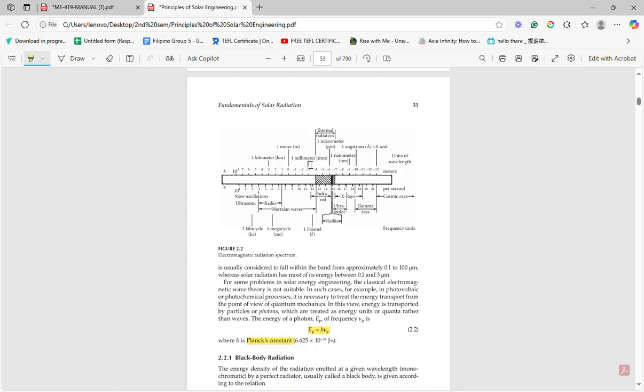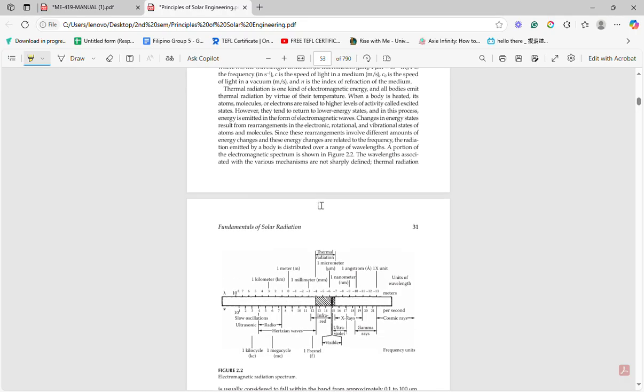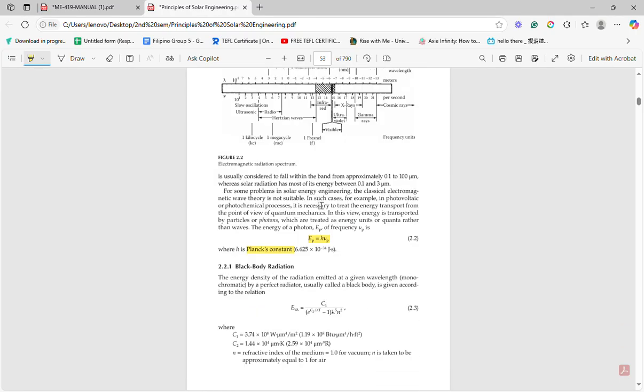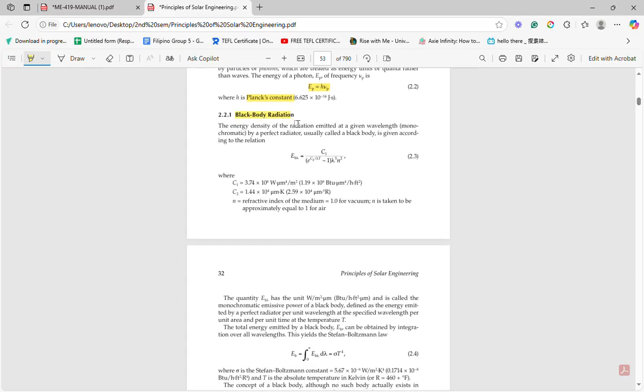I opened it to him that the ideology regarding this is already on the heat transfer part of your subject, but he wants you guys to still know this, because again we are talking about solar energy, so we need to have the fundamentals like this black body radiation. So we are gonna be utilizing this.